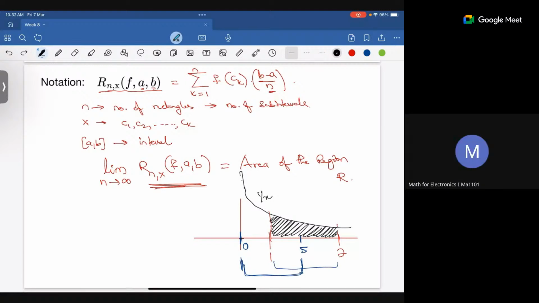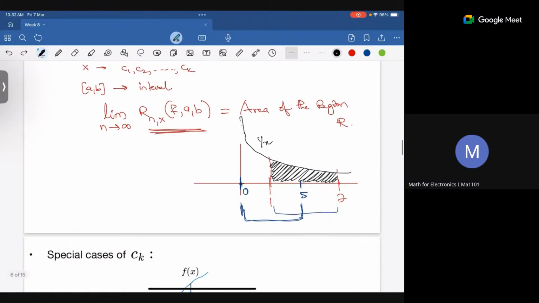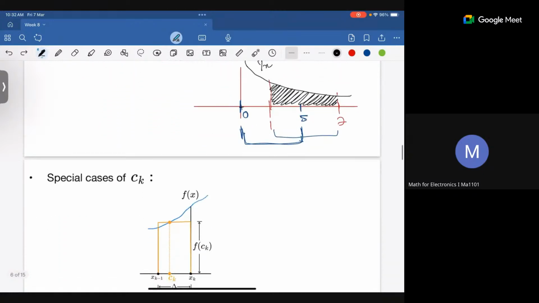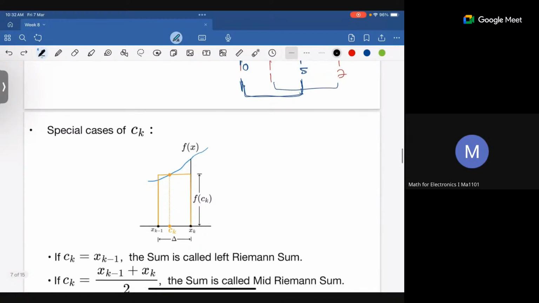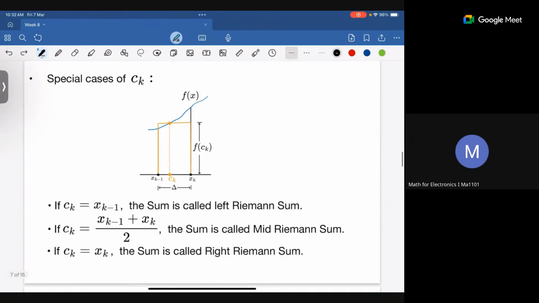All right. So as I was saying, the CK plays an important role in computing the areas. There are some special cases of choosing this CK. Take this kth interval again. If you choose CK here, then the height is f of CK like this. CK can be chosen anywhere between xk minus 1 to xk.